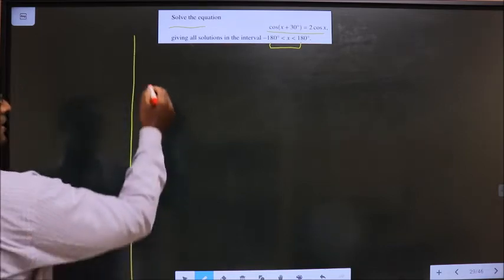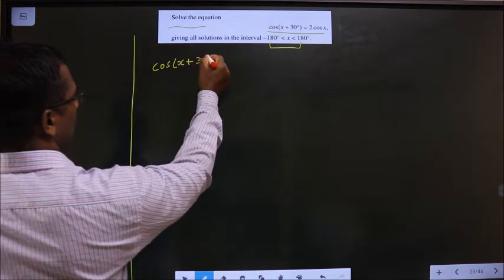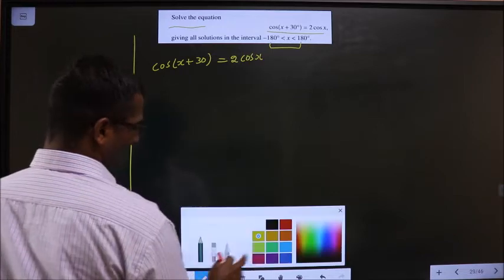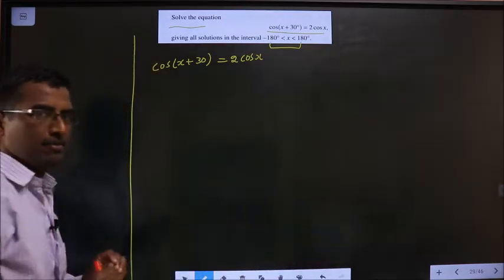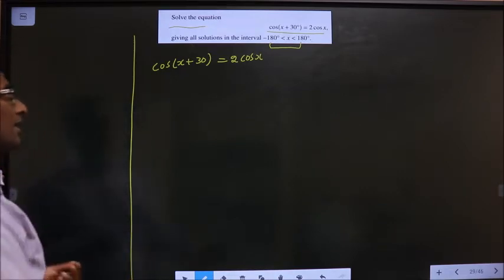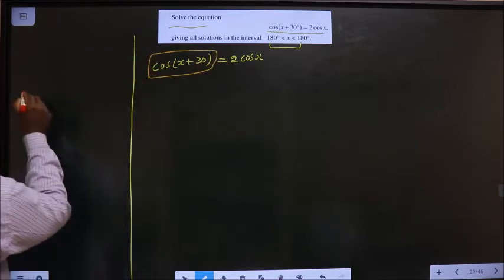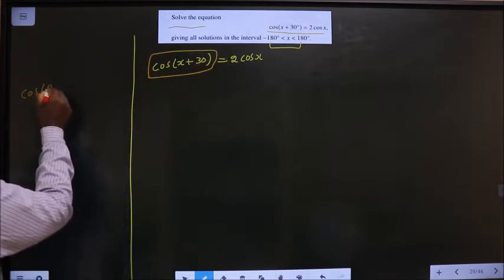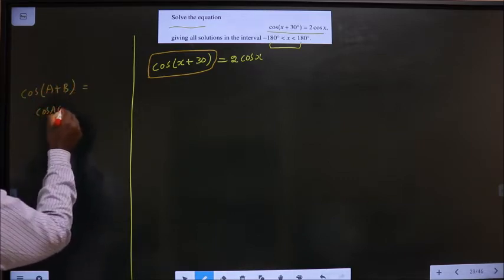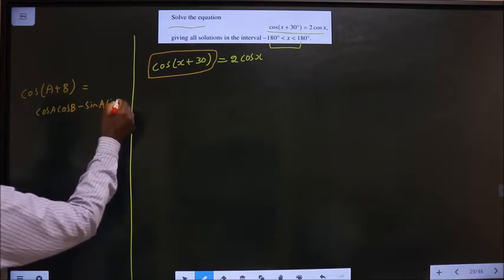The given equation is cos(x + 30) = 2 cos x. Now, how do I simplify this? Did you get any idea? The idea is I should make use of the formula for cos(a + b) here. Cos(a + b) is equal to cos a cos b minus sin a sin b.